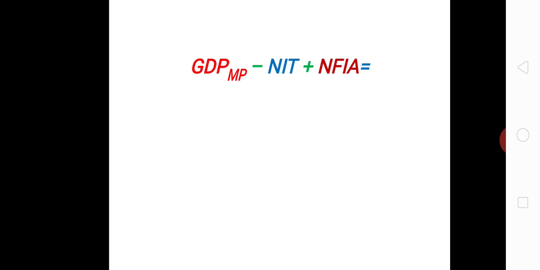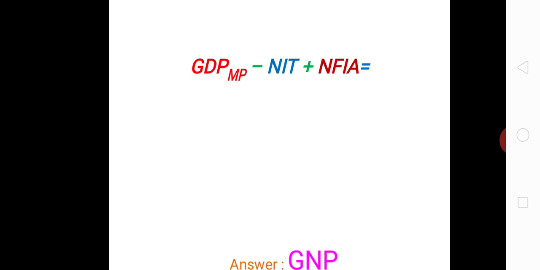Third one, GDP MP minus NIT plus NFI. When you subtract NIT from market price, you will get FC, that is GDP FC, and when you add NFI to domestic, you will get national.